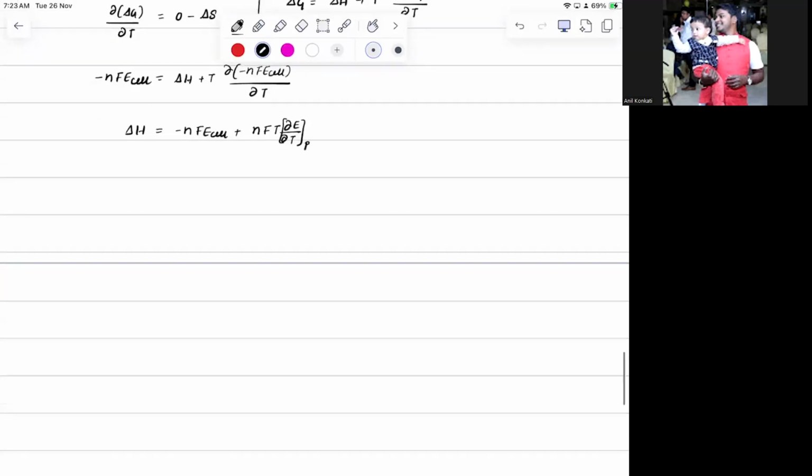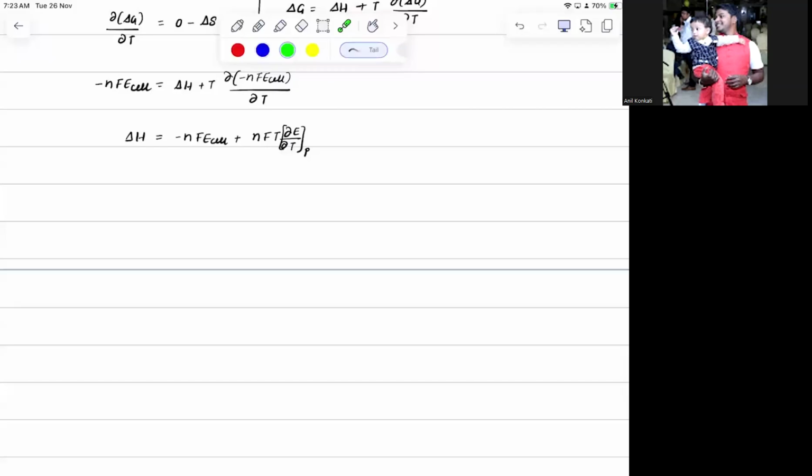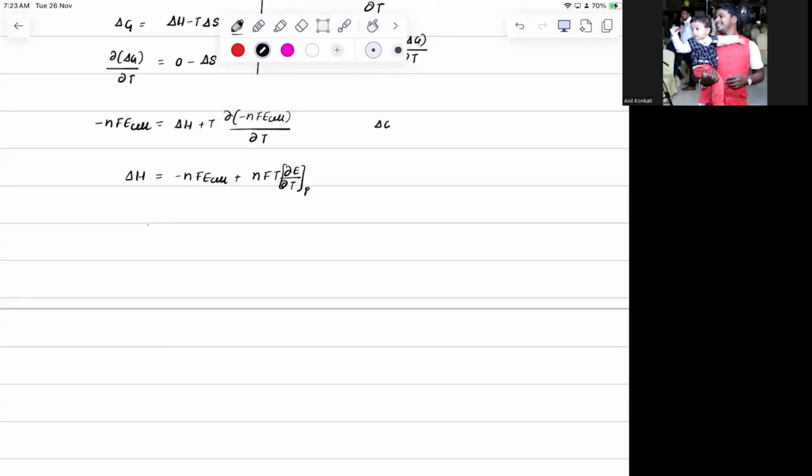Next thing. From here, you can write in terms of dE by dT. So this is the delta H representation. If you want to write only in terms of dE by dT, you can write that also. You can see delta S can also be written as nF dE by dT at constant pressure.